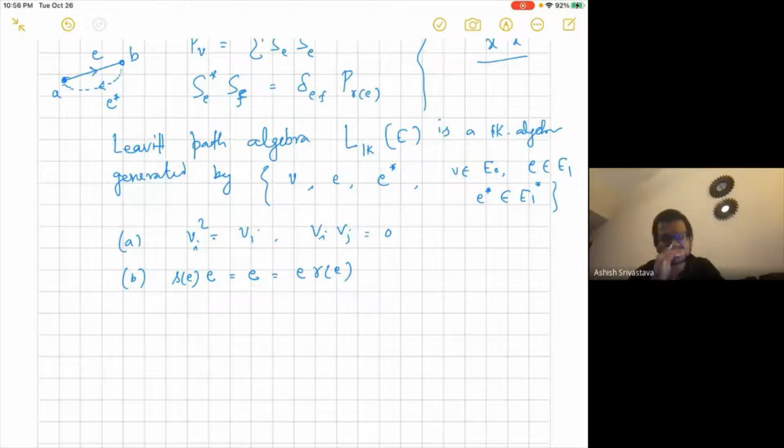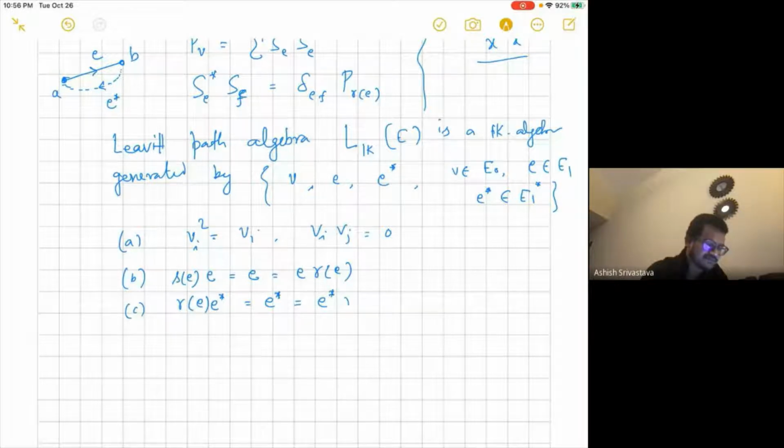So this is essentially telling you the compatibility in a concatenation of paths. The same thing holds for the ghost arrow. It is not too difficult to see that the source of E star would be the same as the range of E, because E star is backward. So, is everyone with me so far?